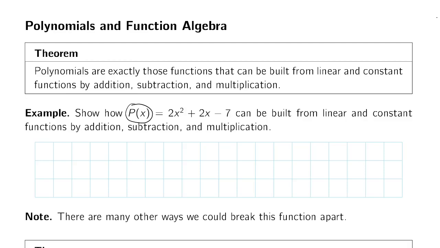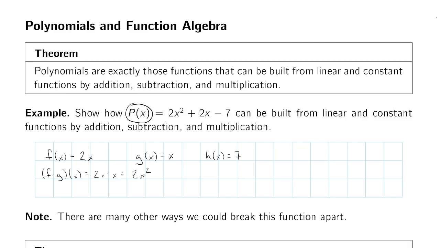There are lots of ways to do this, but we might say something like, let's let f of x be 2x, g of x be just x, and then I'm going to let h of x be the constant function 7. Then f times g of x is 2x times x, which is 2x squared.